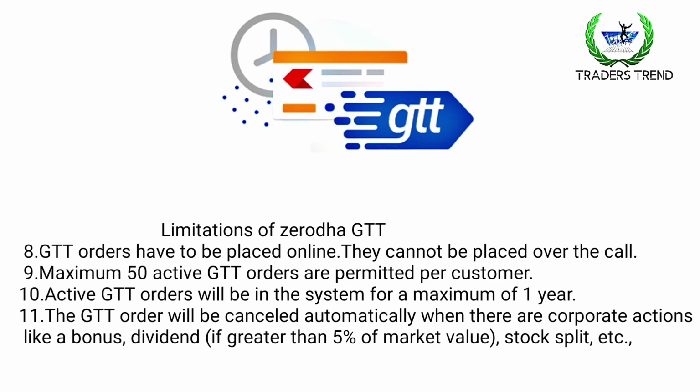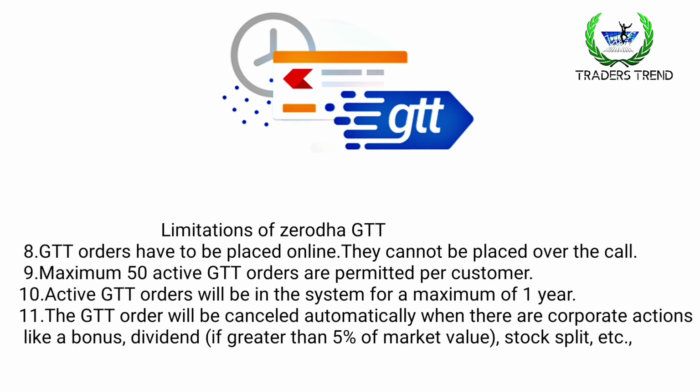It means each user is permitted 50 GTTs. They can create 50 GTTs as a maximum. And then an active GTT order will stay in the system for a maximum of 1 year. It means if you created a GTT, it will be valid for 1 year, then it will be cancelled.